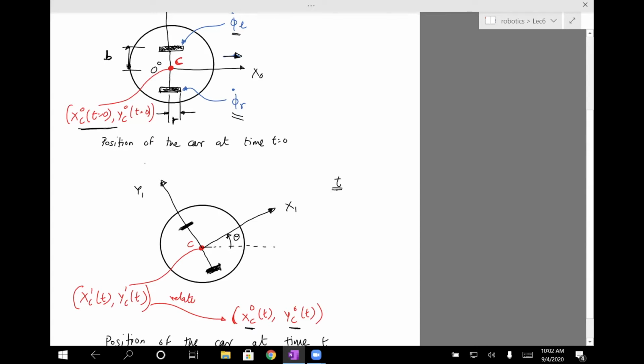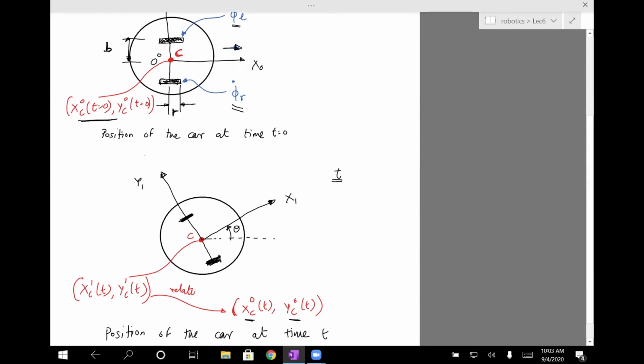It will have made an angle of theta with the original x-axis, and the position of a point C, which is a point midway between the two wheels, would be denoted by xc1 and yc1. The one denotes a new frame, O1, x1, y1. So our goal here is to figure out the forward kinematics of the car. In general, if you can find the position of any point on the car, in this case I chose point C, in frame 1, then we can find the position in frame 0, which is the base frame.